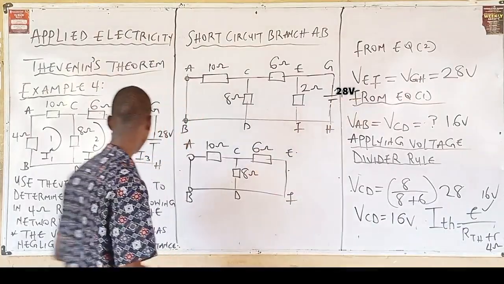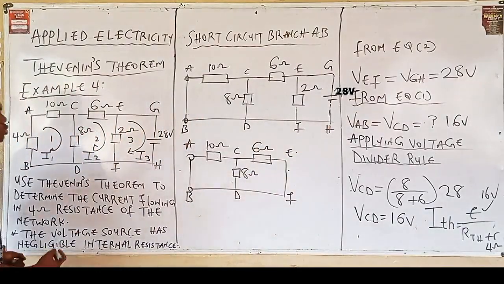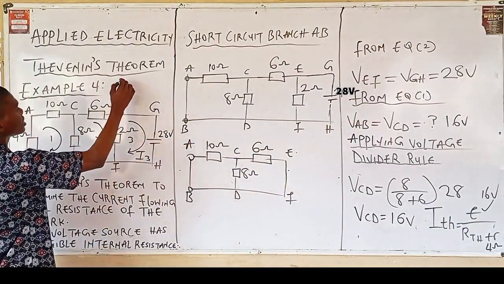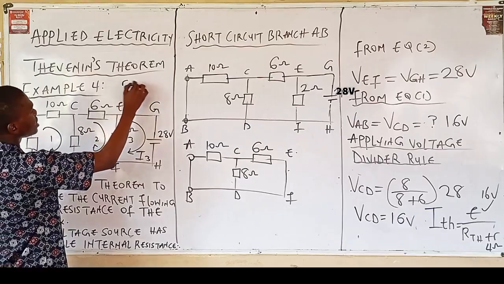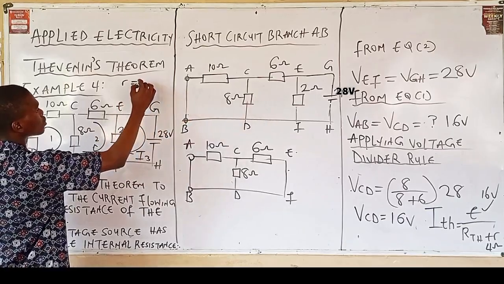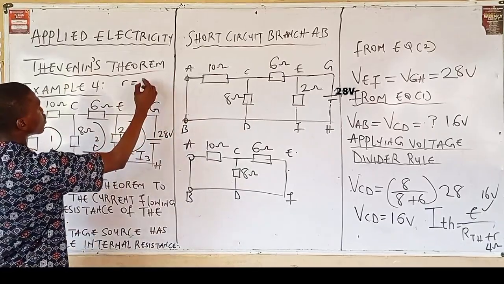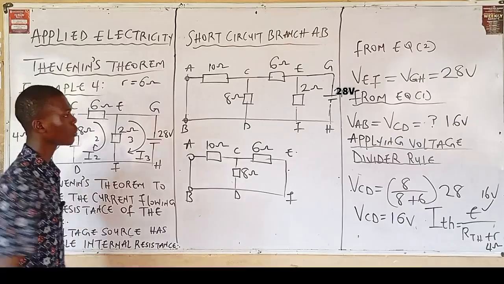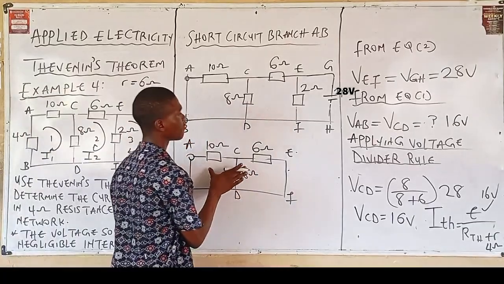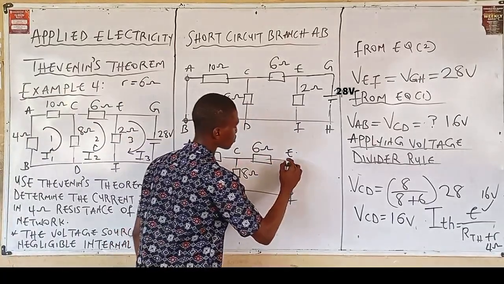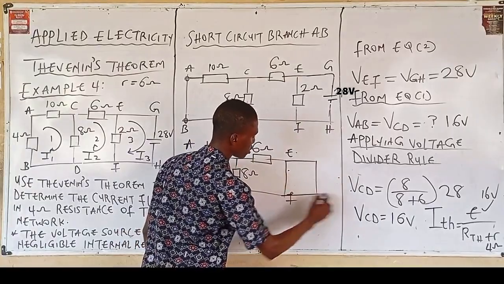Let's say from the question you are given that the internal resistance of the 24 volts is 6 ohms. Meaning my next diagram is supposed to be in this manner.